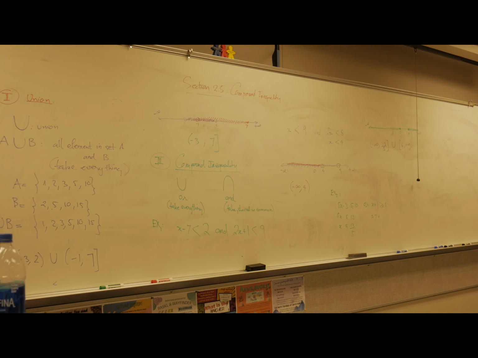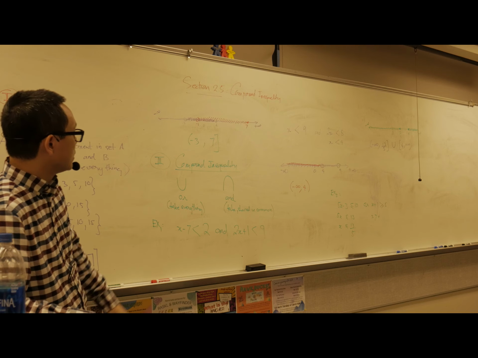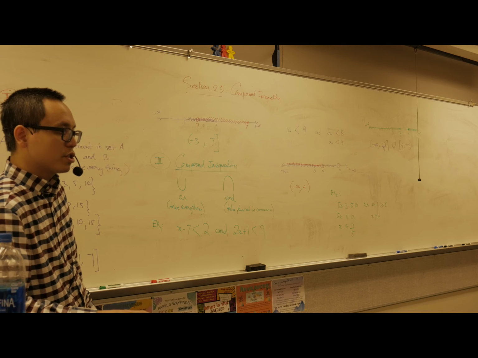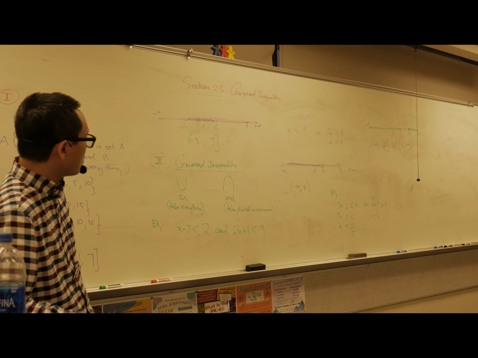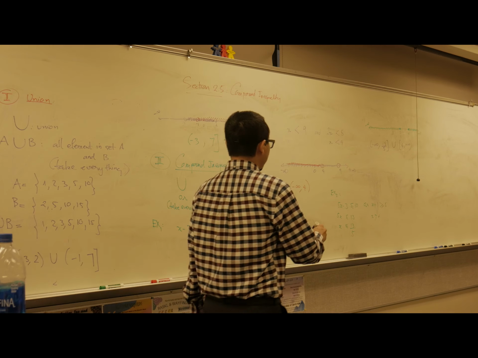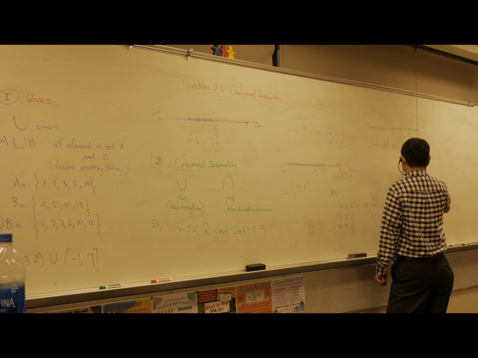Another type of compound inequality, instead of using "or" and "and", they have a short way to write this, to write a compound inequality. First of all, I have something like this. Example number 3.